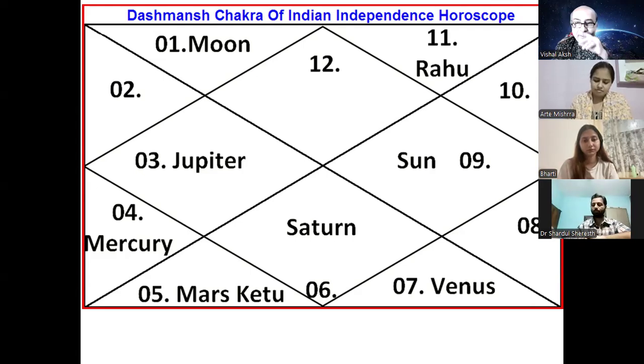Now let me tell you, Venus is in the 8th house in its own sign Libra or Tula. From here it receives the 7th aspect from the Moon, the 5th lord. Again, Stri Mulak benefits.